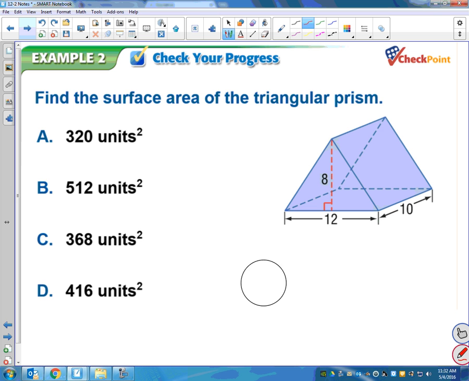The perimeter of the base times the height plus 2 times the area of the base. Remember what's my base here? The triangle. Answer? Two different answers.